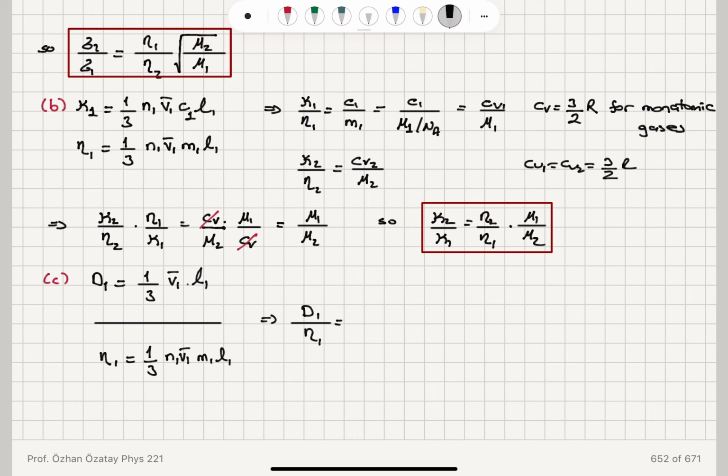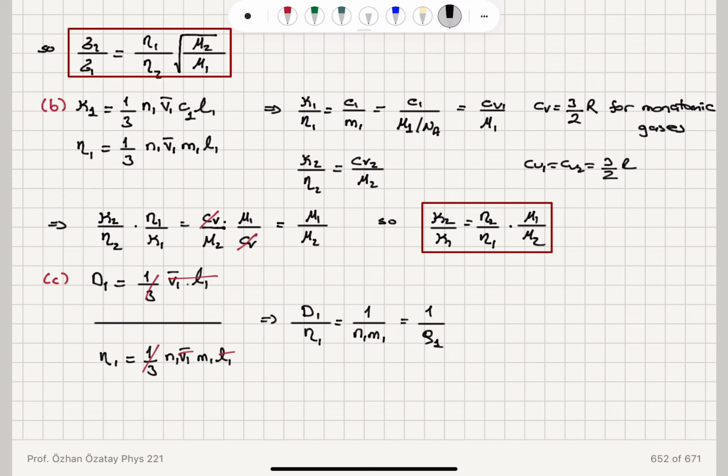Because these 1 over 3's will cancel and V1 bar L1 will cancel, it will be 1 over N1 M1. Now, what is 1 over N1 M1? This is the number of molecules per volume. Mass of one molecule, mass times the number gives us the total mass divided by the volume. So this is going to be the density, rho 1. So 1 over rho 1.